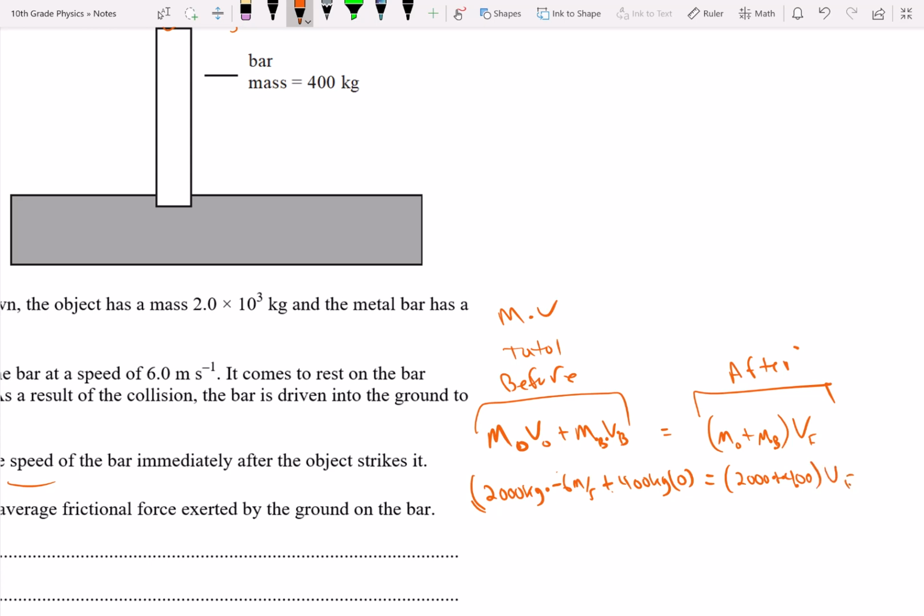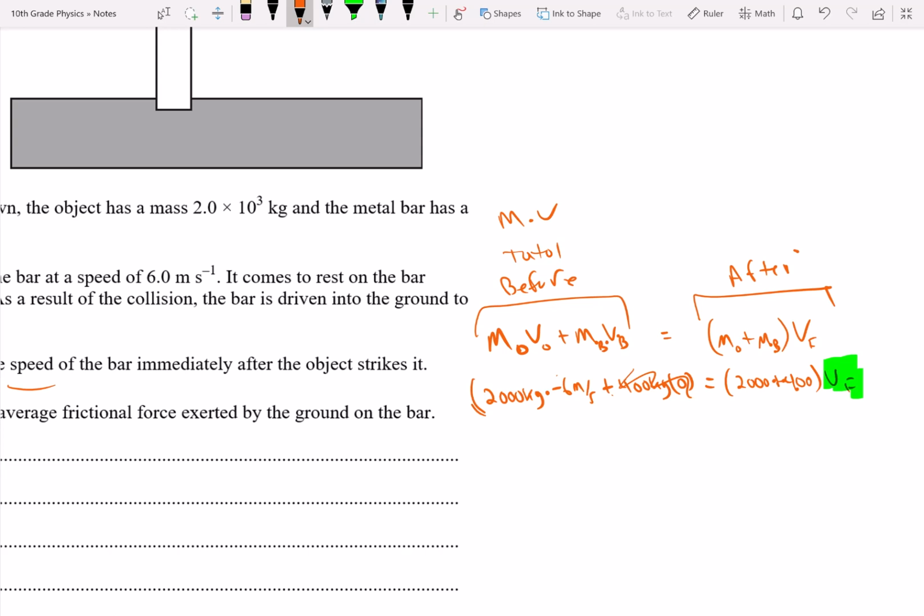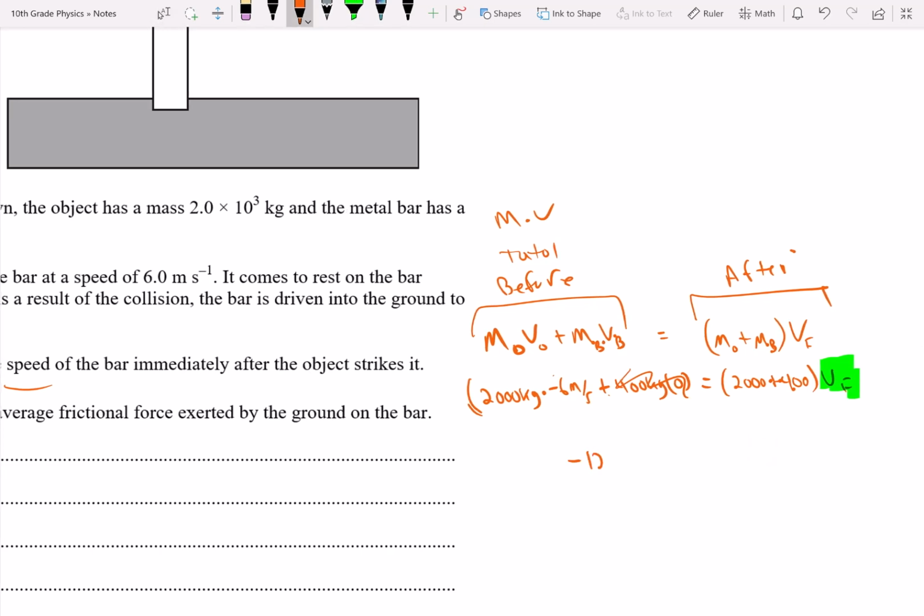What we really want is the final velocity, so that's what we're looking for. This is just 0. 2,000 times -6 is -12,000 kilogram meters per second, or you can convert that into Newton seconds. That's equal to 2,400 times VF.